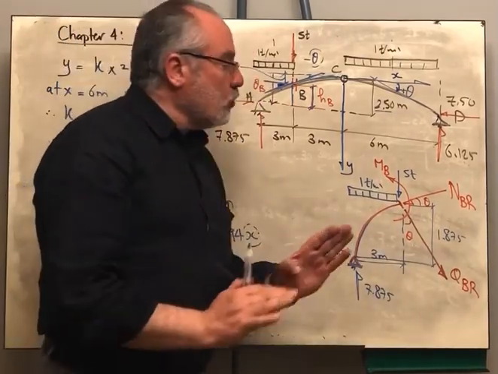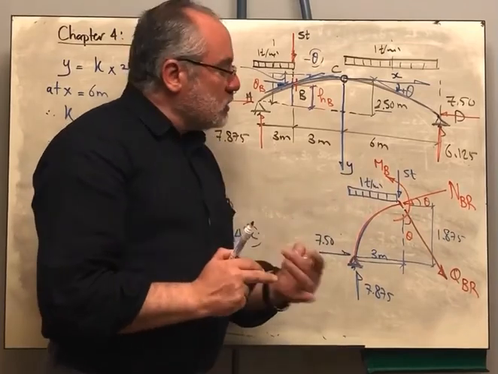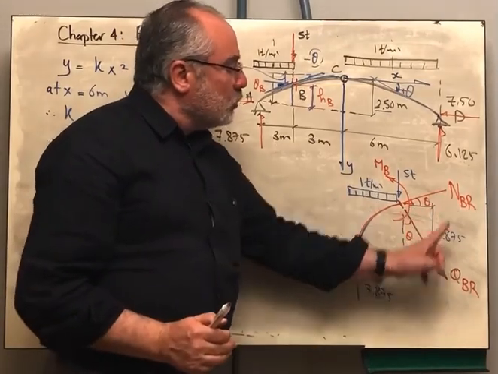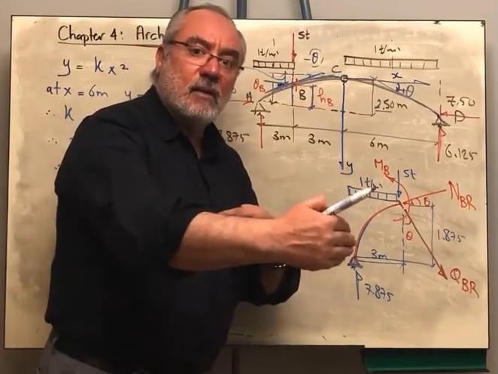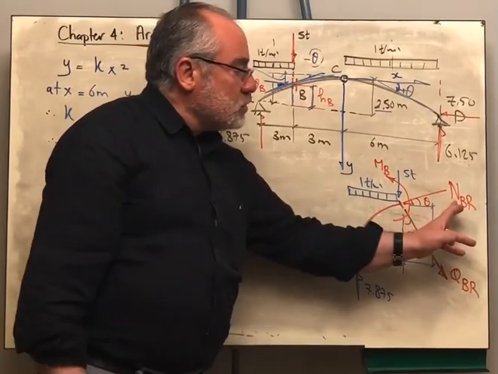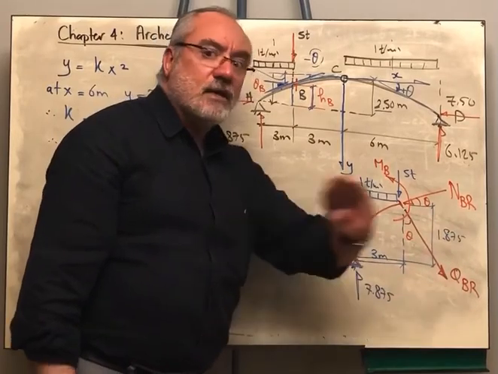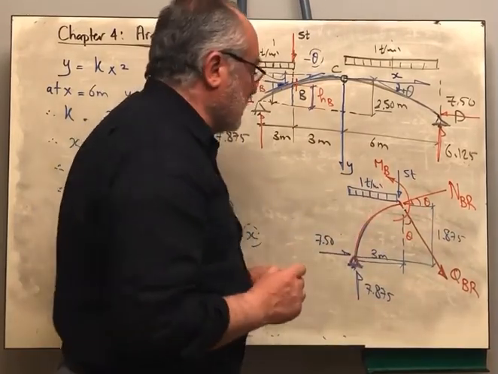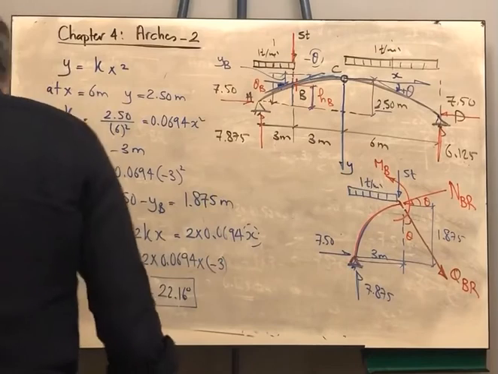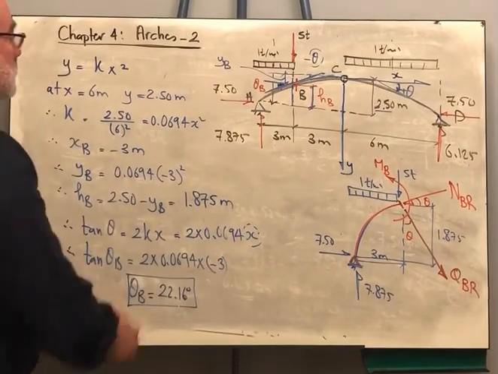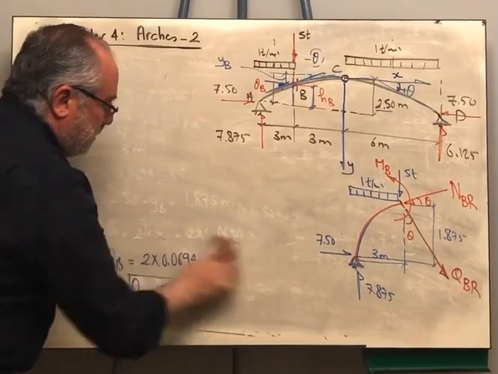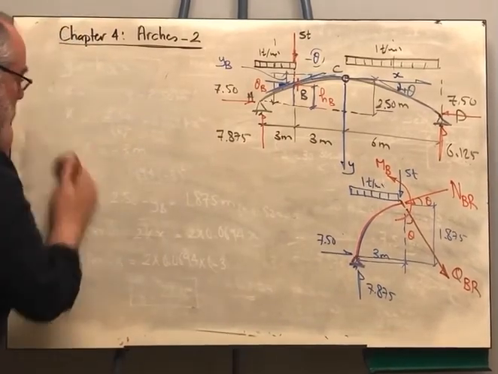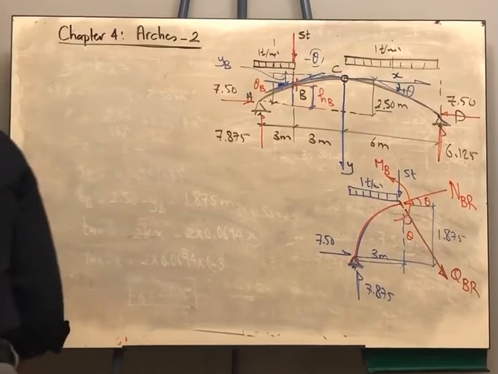Of course we can apply the three equilibrium equations to determine the three unknowns, the normal, the shear, and the bending moment. We can benefit from the nice diagram that we have so that we can solve the normal force and the shear force directly without solving simultaneous equations. So let me show you here step by step how to determine the internal forces.